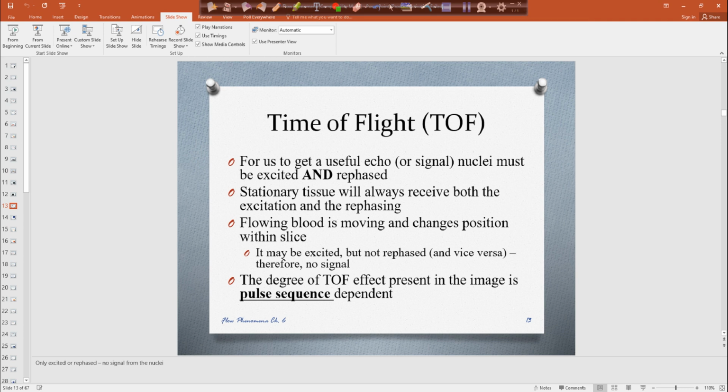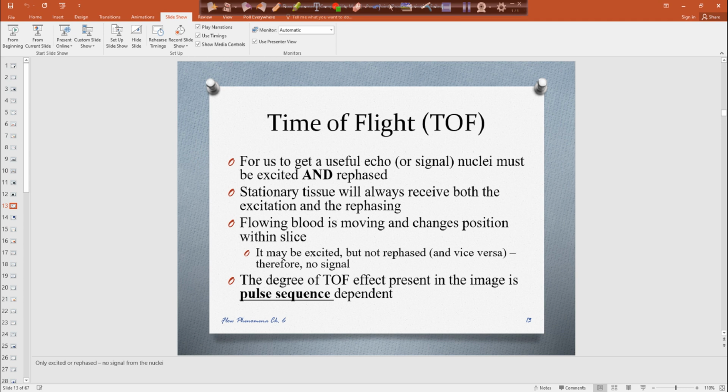And in spin echo, what do we use to rephase, to bump that signal back up? 180 degree refocusing pulse. Good. But what do we use in gradient echo? We just tested on this. We use gradients. And they could be on the slice select, phase, or frequency encoding gradients to bump that signal back.